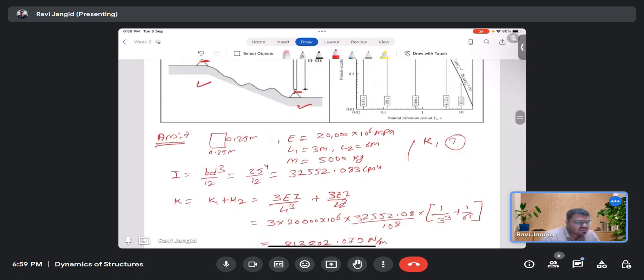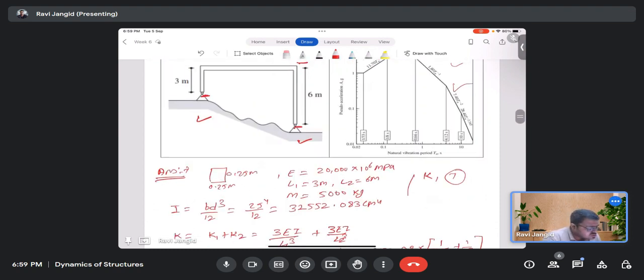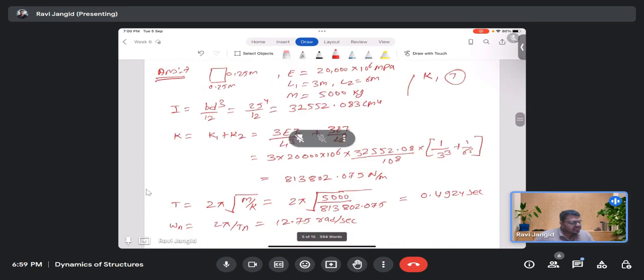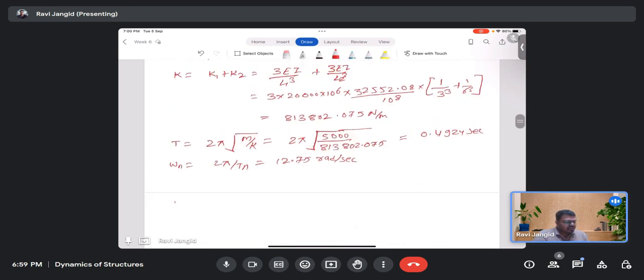From this graph, 0.4924 is in between this range. So from here, my A by g is given as 2.71. Is it okay, everyone? So that is given to you as A in terms of g, or 2.71 g.